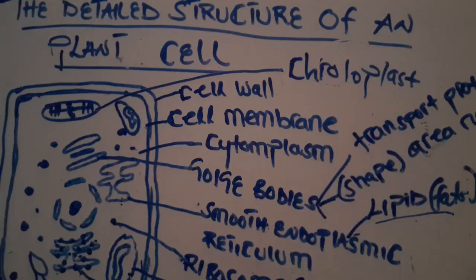Okay, and this light is the one which is used in the process of photosynthesis. And we know that photosynthesis is the process by which plants make their own food.